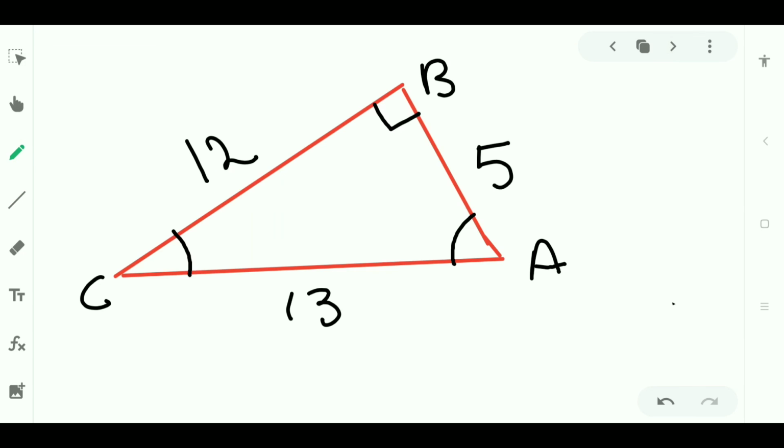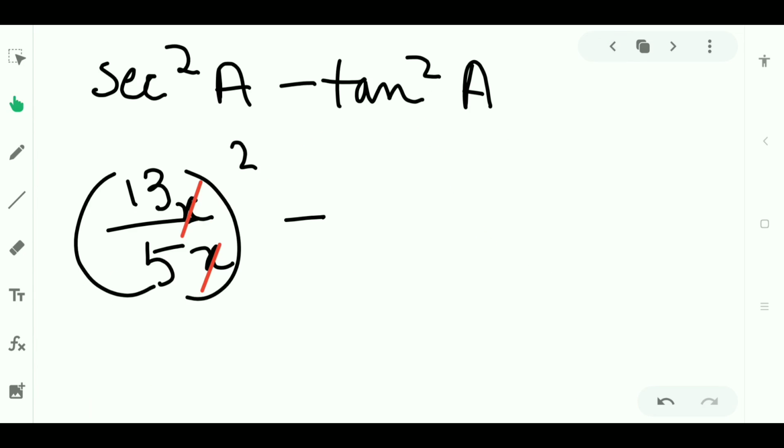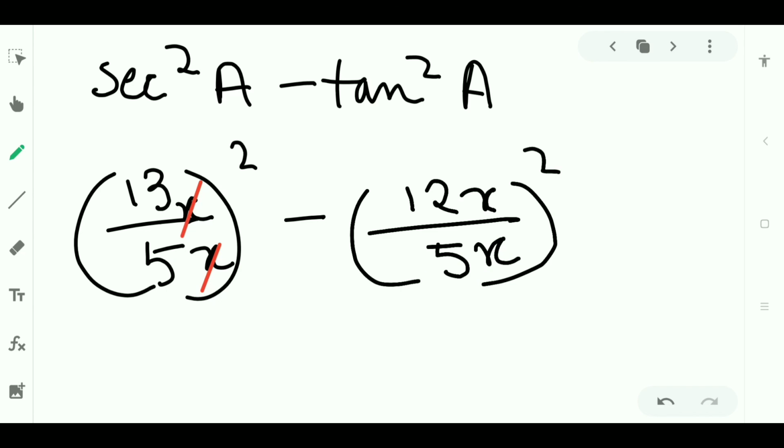Minus tan square A. Tan A we have already found that it is 12 by 5. You can also check it again for angle A. Tan is opposite by adjacent, 12 by 5 or 12x by 5x whole square. So here again x and x get cancelled.